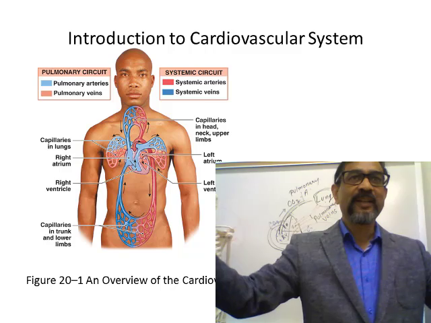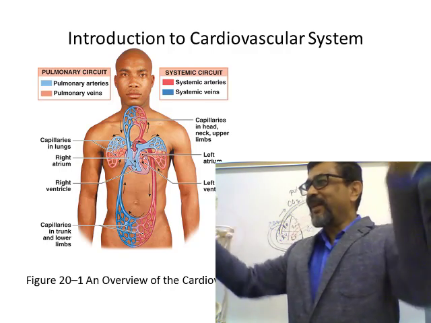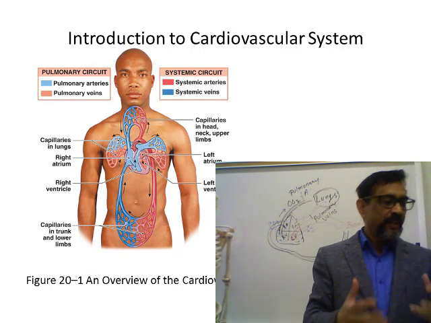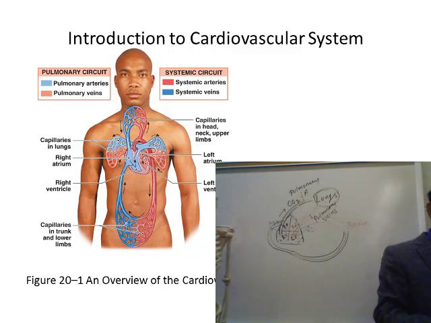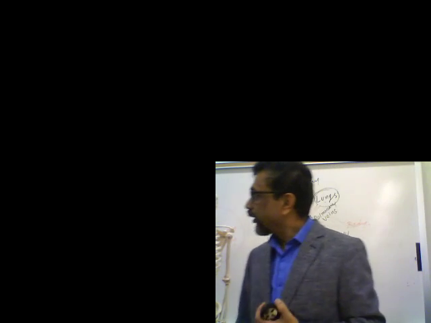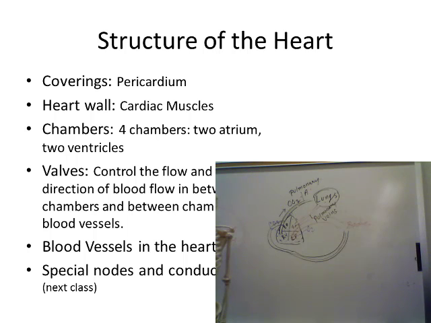If you see the wall of the heart, the wall is mainly formed by the cardiac muscle, a highly specialized type of muscle that can contract and relax involuntarily throughout life. You know that.